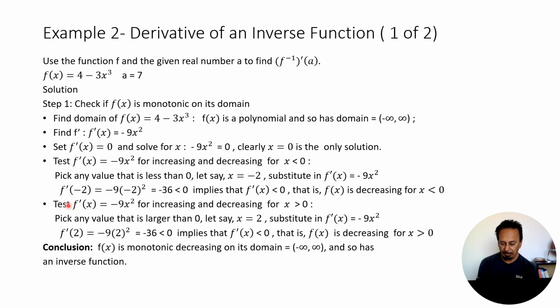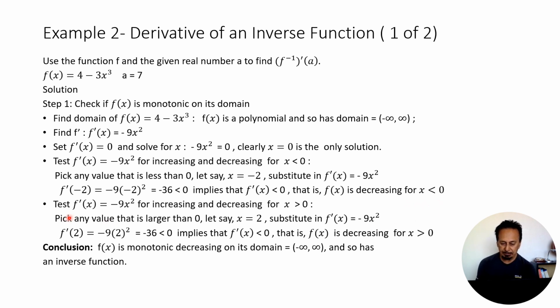So f prime evaluated at negative 2 equals negative 9 times the square of negative 2. The square of negative 2 is 4, and 4 times negative 9 is negative 36, which is less than 0. So we can imply that f prime of x is less than 0. That is, f of x is decreasing for all x values less than 0.